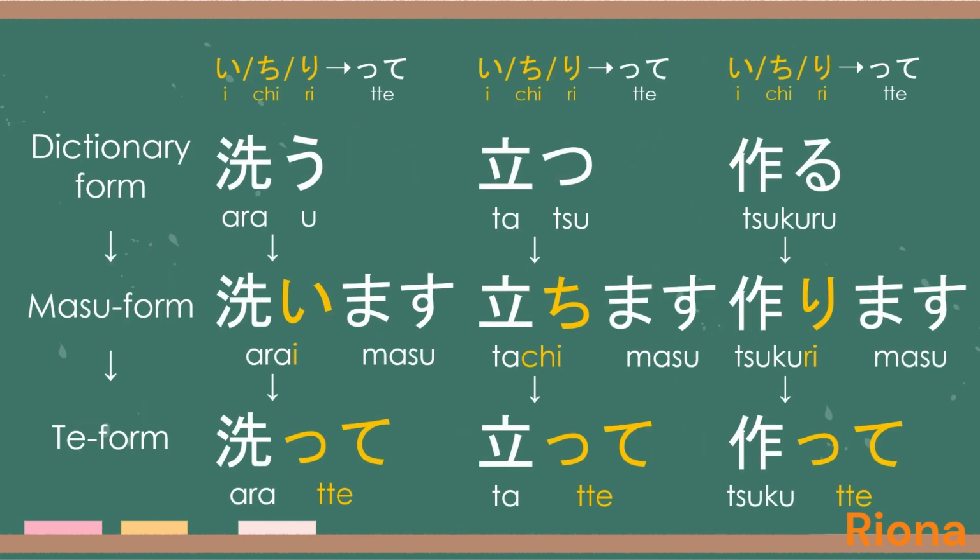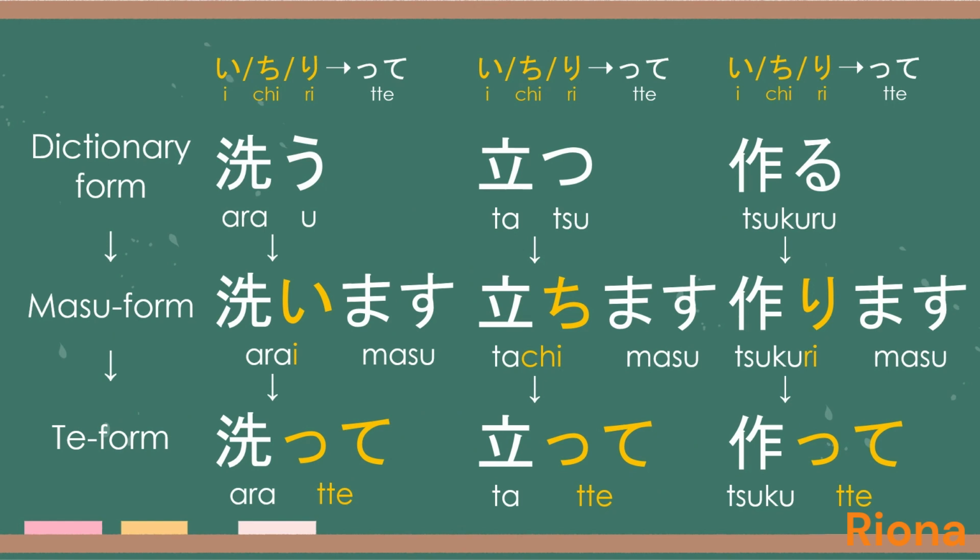And in the case of araimasu, which is the mas form of wash, arau, the character before mas is i. So by changing this i to tte and removing mas, we can make it te form.